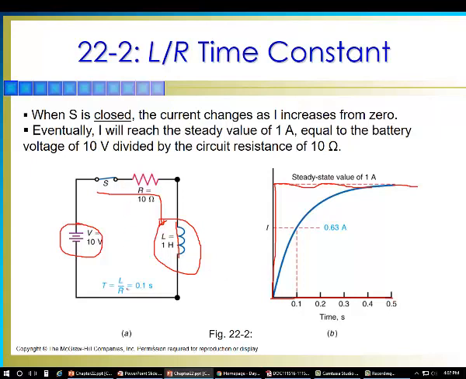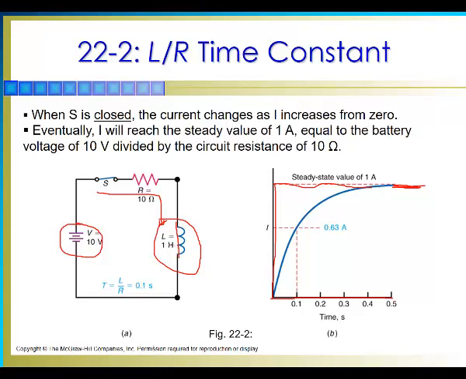Okay, and it will take 5 time constants for the current to reach the steady value, which it will keep from that point on. Okay, and it will be steady because the source is a DC source. Remember, these inductors, they have no reaction to DC currents.